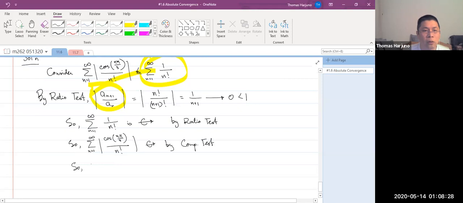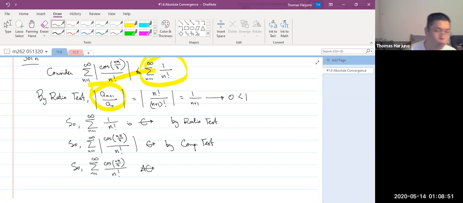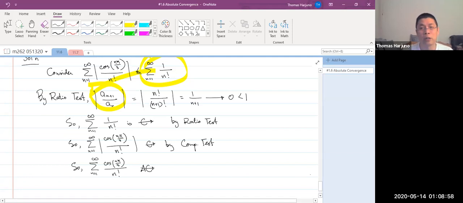Therefore this series, the one without the absolute sign, by definition is absolutely convergent, and therefore convergent. Okay, that's for number 19.